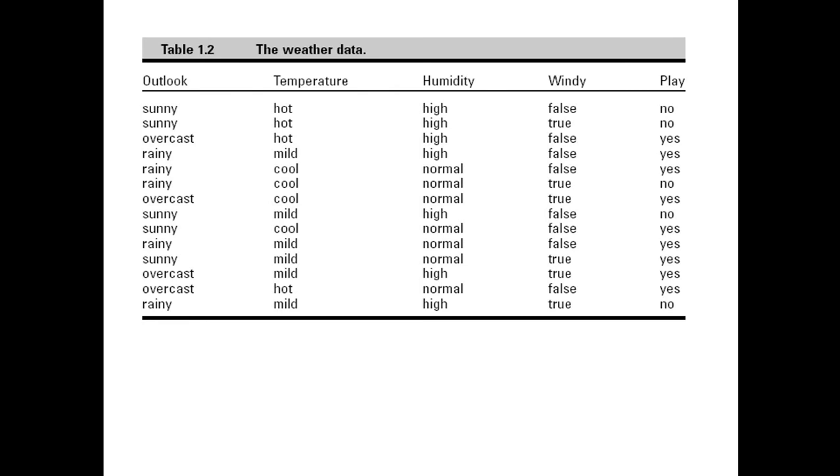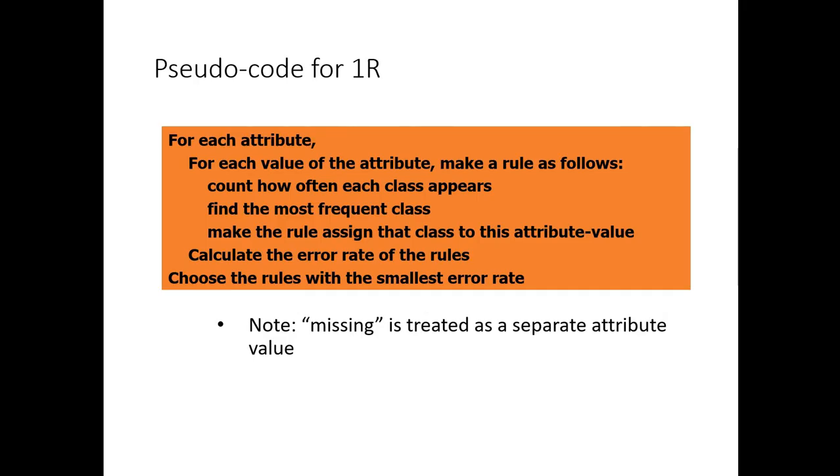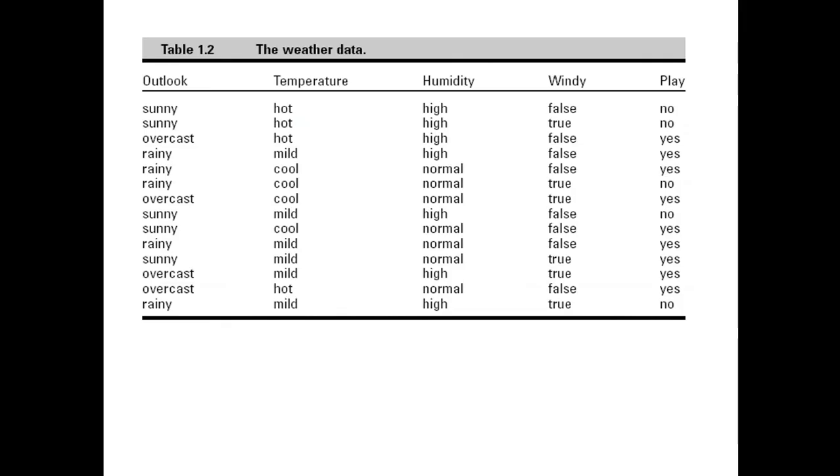Right, now we are going to learn the OneR algorithm. Right, so we have 4 attributes and 1 class attribute, right? So we will go 1 attribute at a time. So that means we will start with outlook first, right? We will start with outlook, right?